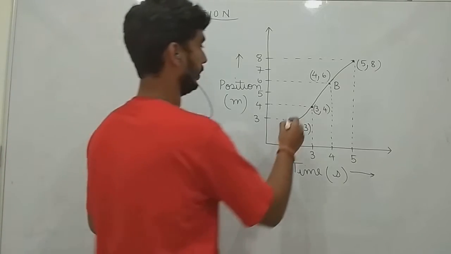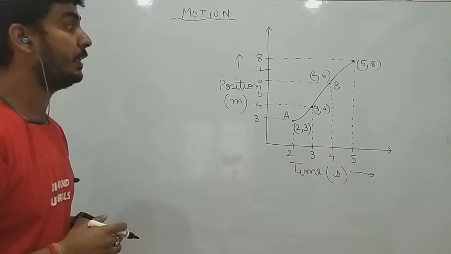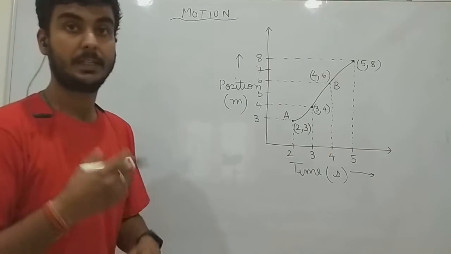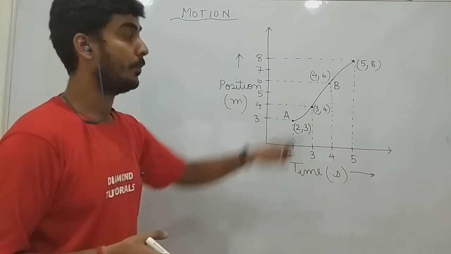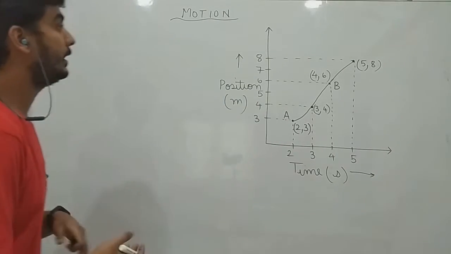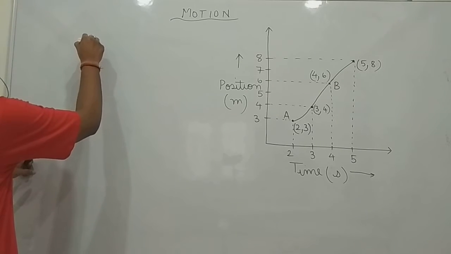We also calculated the velocity of an object between points A and B. In the last class, we calculated the velocity of the object between point A and B using the formula displacement divided by time.